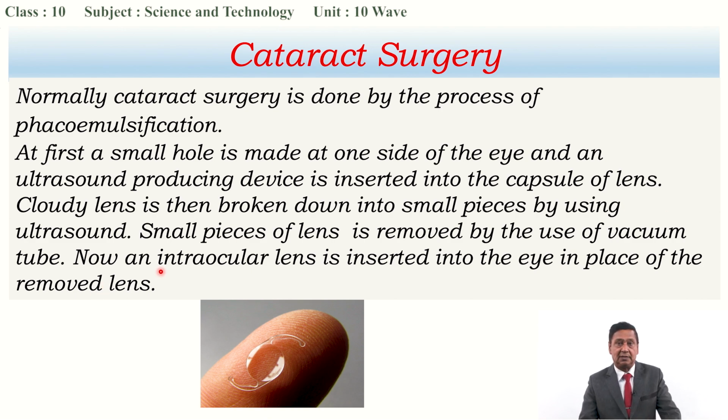And don't think that this is a big tube, this is a very small needle-like tube. Now an intraocular lens is inserted into the eye in place of the removed lens. This is the intraocular lens which we have to insert into the eye in place of the natural lens.